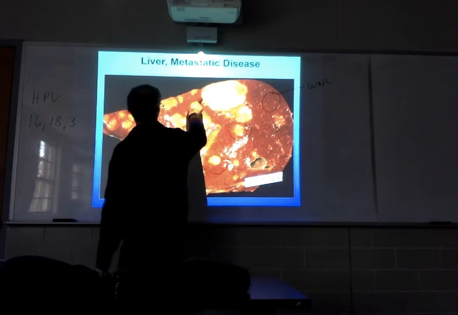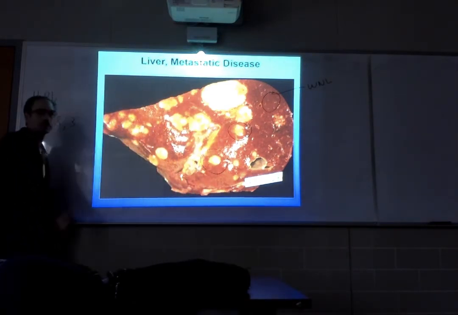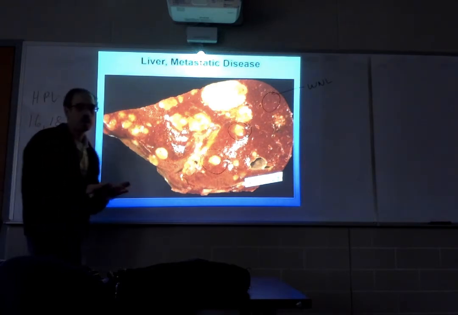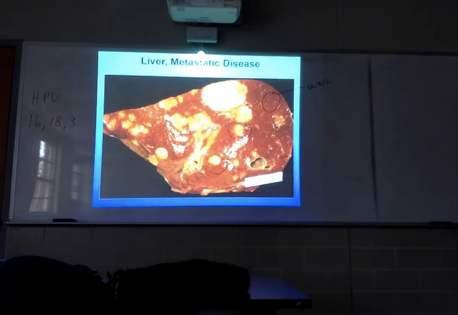Now, some of these are kind of unusually sharp, but most of them are blurry. That's because the tumor cells are growing and they're just invading everything. And so those metastatic foci have very blurry and unclear boundaries.